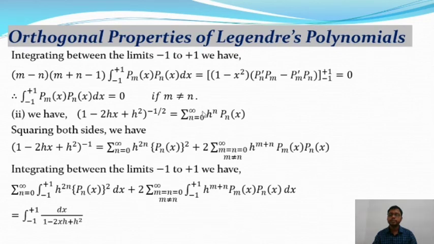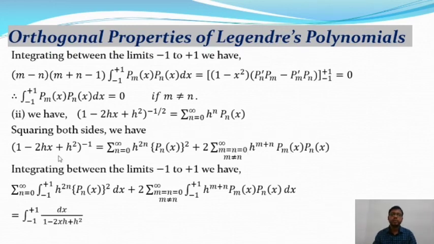So after squaring the right hand side of this equation, we will get this. The first term will be this, the second term will be 2 into the summation over m, n = 0 to infinity, m not equal to n, h^(m+n) into Pm(x) into Pn(x).